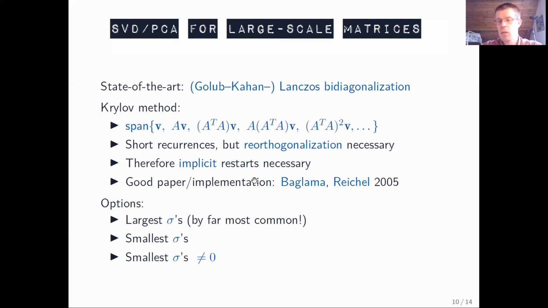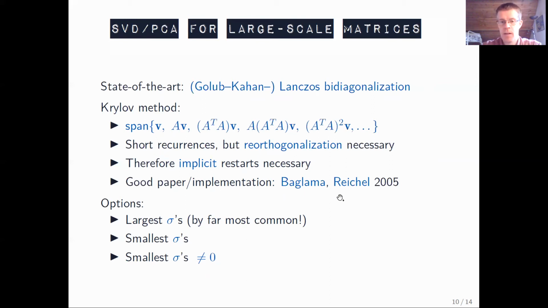Therefore you need restarts, and you can think of restarts as: we just take the best V so far and restart with that V. But in fact, you can do much smarter than this, and this is implicit. So you implicitly compute a new V. It's very efficient. It has been known for about two decades or a bit longer.